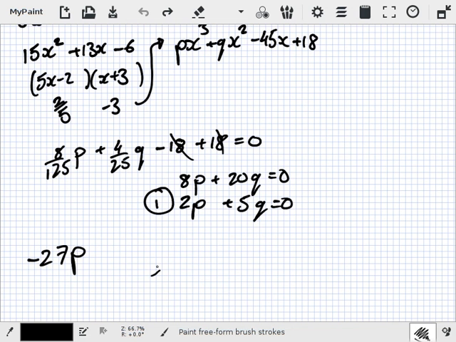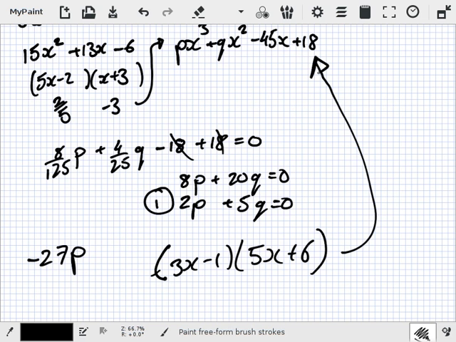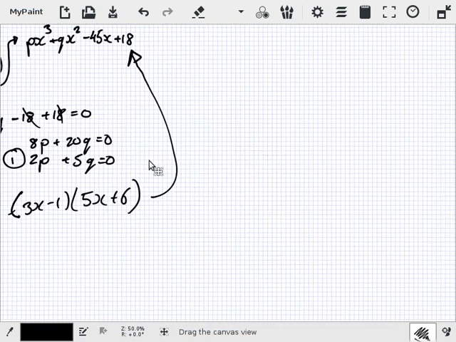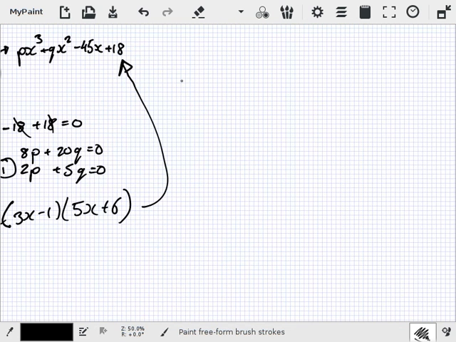Right, what are the two factors? 1 over 3 and negative 6 over 5. So 3x minus 1, 5x plus 6. Right, let's try these ones now. If I put them in, let's put the 1 over 3 in first.